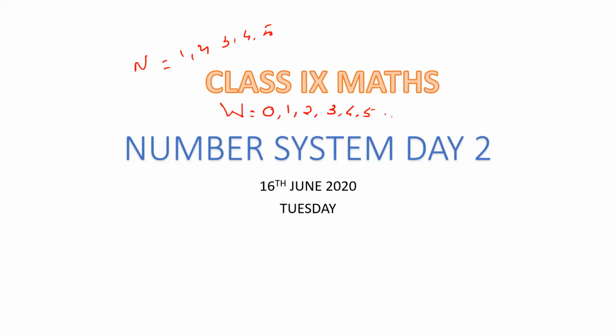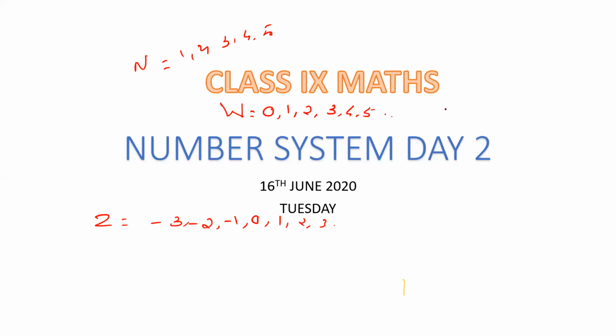Now, in the whole number, if you are adding all negative numbers, -3, -2, -1, 0, 1, 2, 3, then we will call it as what? Integers. So natural number, whole number, integers.